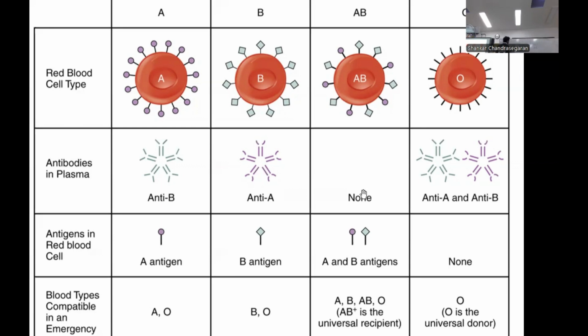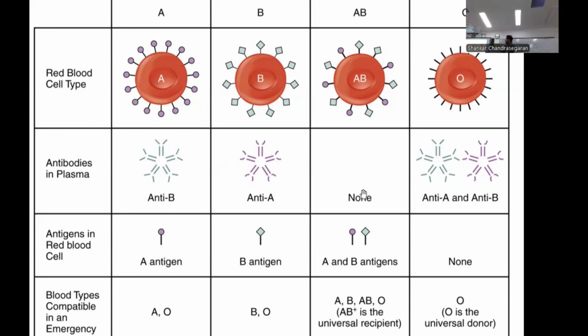So we have to consider what type of antigens this donor has, right? They have antigen A. So if it has antigen A, for the recipient to not trigger an immune response, they also need to have that same antigen.